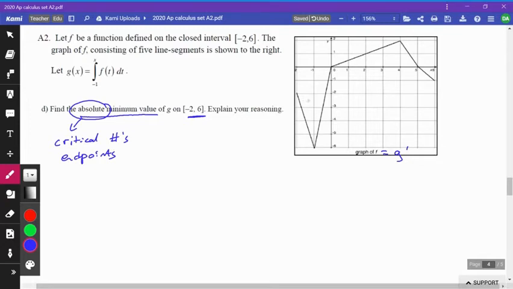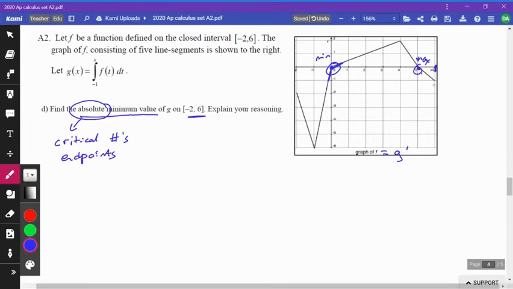So g prime is going to be negative. But here, g prime goes from negative to positive. So right here is going to be a minimum. Here g prime is positive, and then suddenly g prime goes from positive to negative. Well, this right here would be a maximum, not a relative minimum.